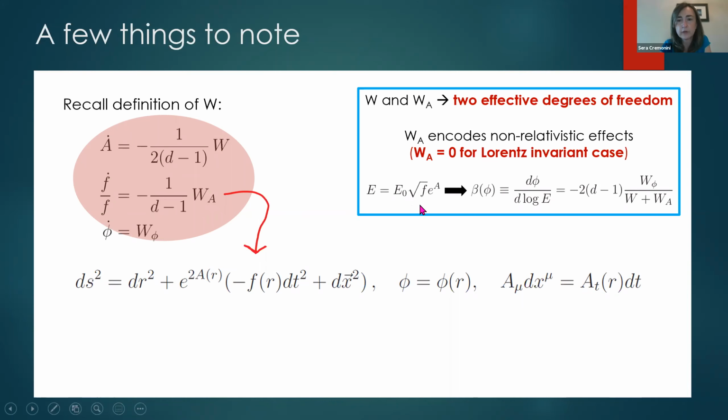Essentially, the energy scale is now sensitive to both F and A. When you compute the beta function, what you get is this modified version. The denominator has this additional dependence on WA. So from that point of view, it's easy to see why the flow will be sensitive to all the structure, including F of R.